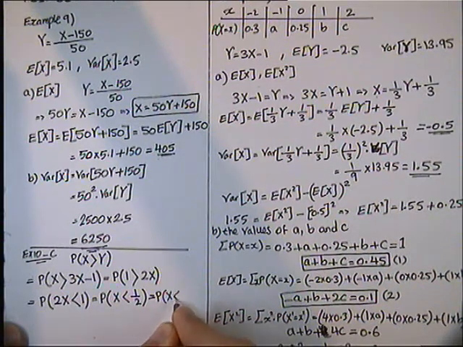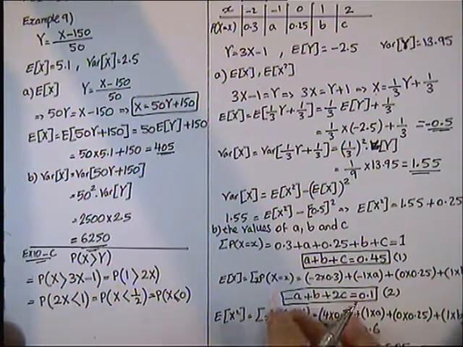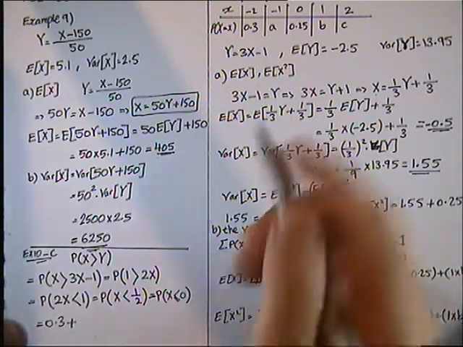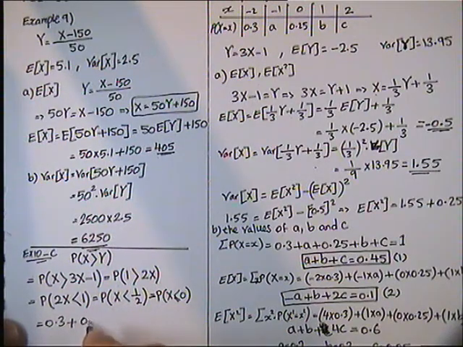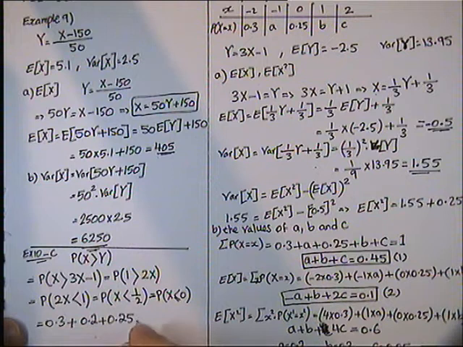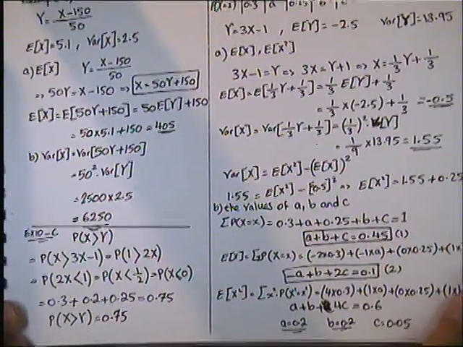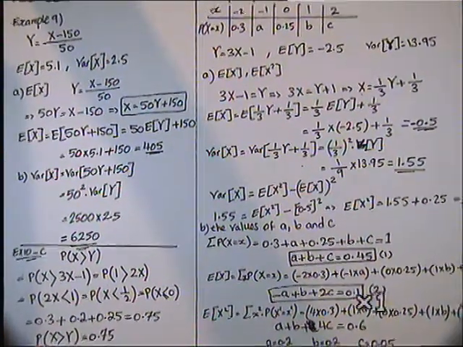Probability of x less than or equal to 0 will be 0.3 add, we know a is 0.2, add 0.25, which is equal to 0.75, meaning probability of x greater than y is equal to 0.75.